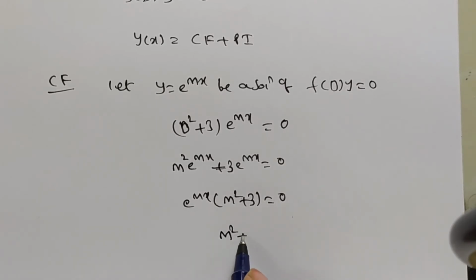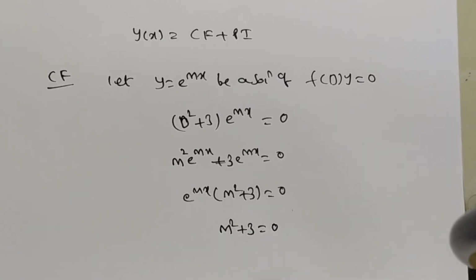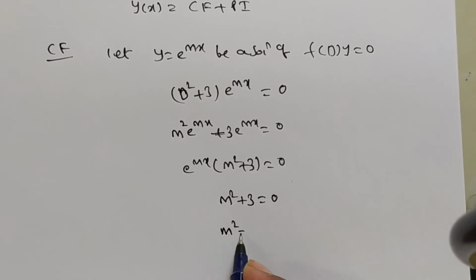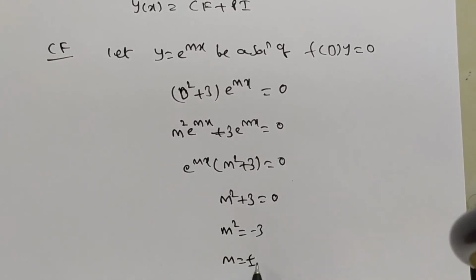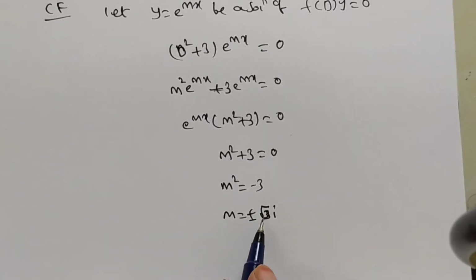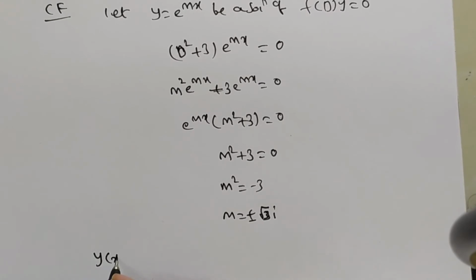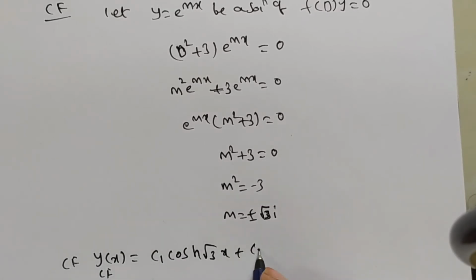So m square plus 3 equals 0, m square equals minus 3, m equals plus or minus root 3 i. Here the roots are complex, so the complementary function is y_CF equal to C1 cos root 3 x plus C2 sin root 3 x.